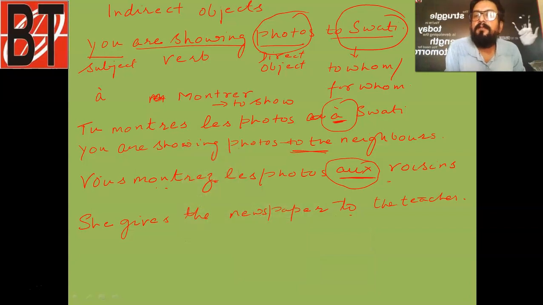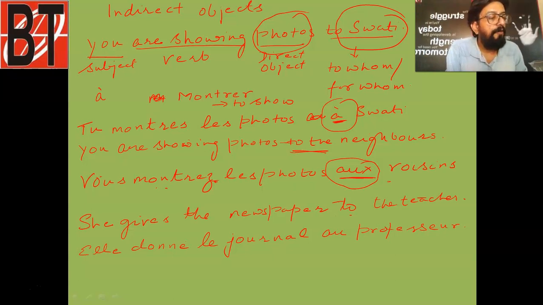How to write this? Elle donne. Now the newspaper, how would you write the newspaper? Le journal. Au professeur. Elle donne le journal au professeur.